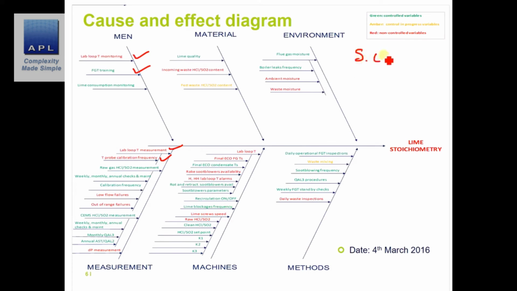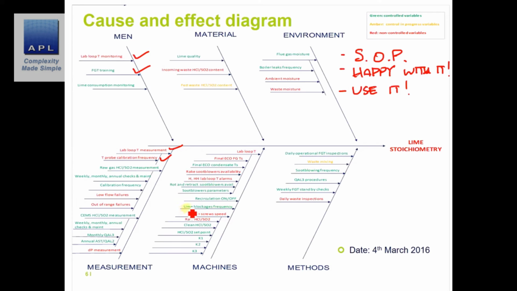So to get green, to say that we are in control of that input, we have to have a standard operating procedure. We have to be happy with it. In other words, it has to be nice and specific, meaningful. And finally, we have to use it. And if you get those 3 ticks in the box, then this variable will go green.